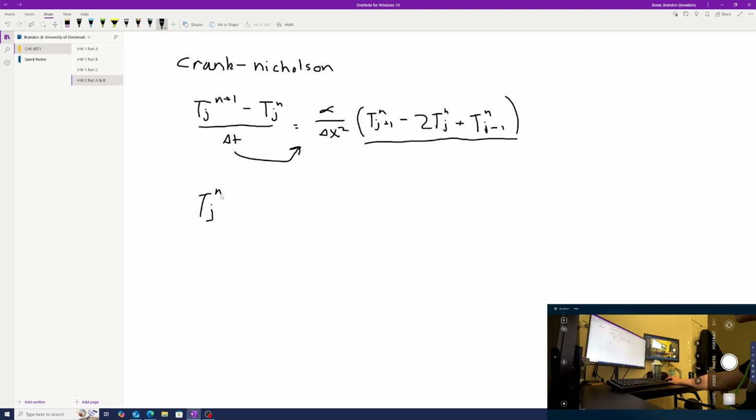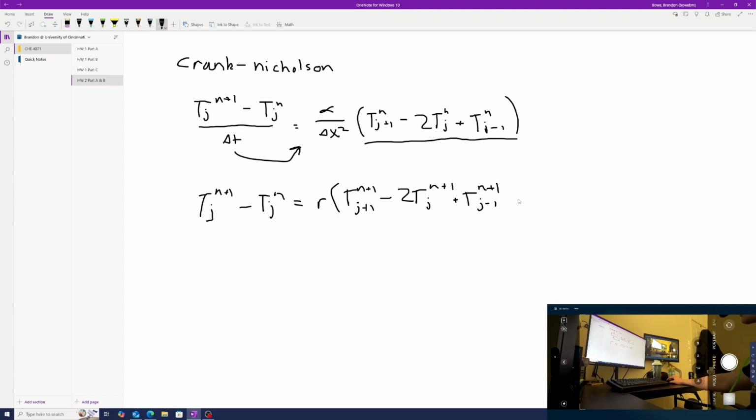And we have Tj n plus 1 minus our Tjn is equal to R times, and this is where things are going to change. Instead of having just our Tjn, we're going to start with our Tn plus 1, j plus 1 minus 2Tn plus 1 j plus Tn plus 1 j minus 1.